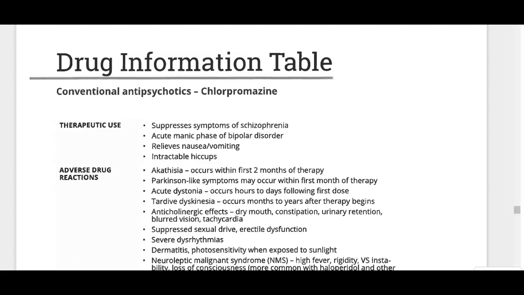It's not used as much anymore, but it used to be used to treat nausea and vomiting. And with that medication, there was a lot of CNS depression as patients become very drowsy. It was just one of these antipsychotic drugs that actually showed to have a good effect on treating nausea and vomiting.